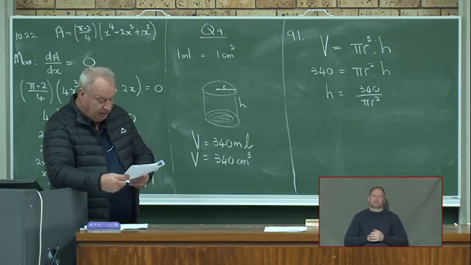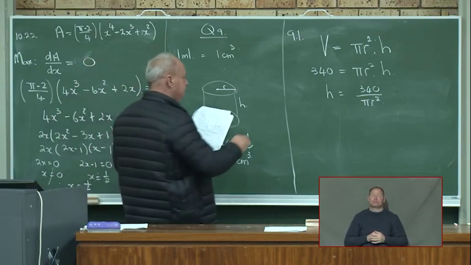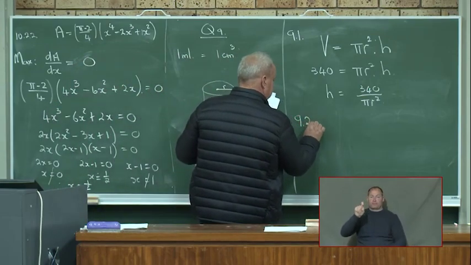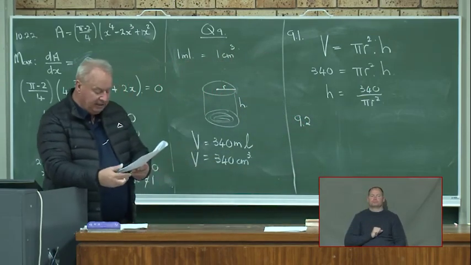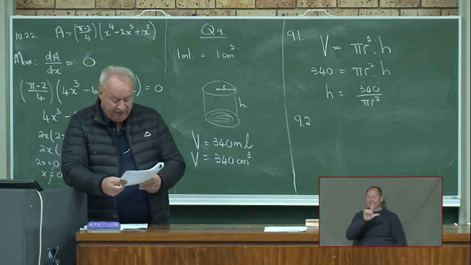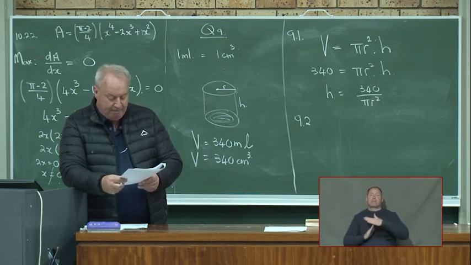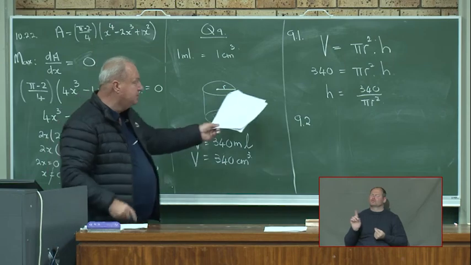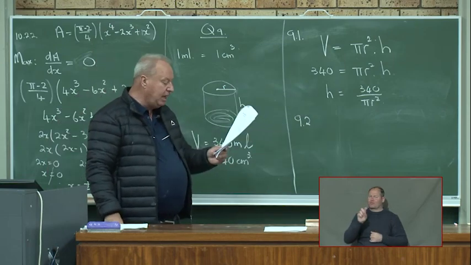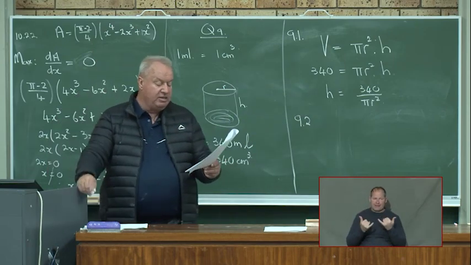Right, people, in 9.2. They say, calculate the length of the radius of the can in centimeters if the maximum area is a minimum. Now, people, what are they doing? Yeah, they asked volume, but they want the length of the radius.